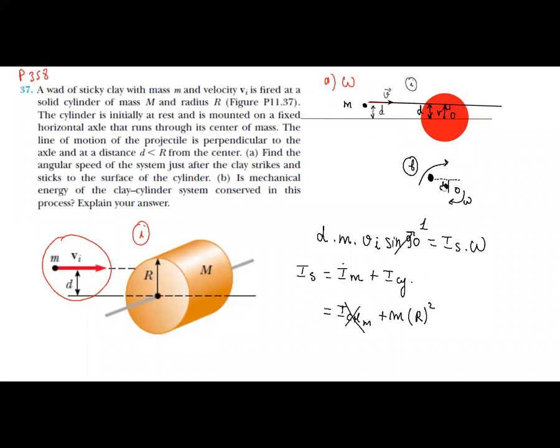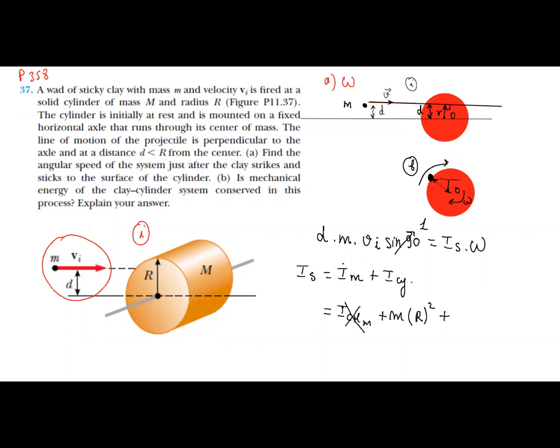As you see here, the distance between the center of mass of small m and the axis is equal to capital R. Plus ICM of the cylinder.